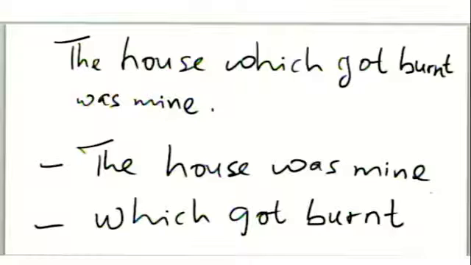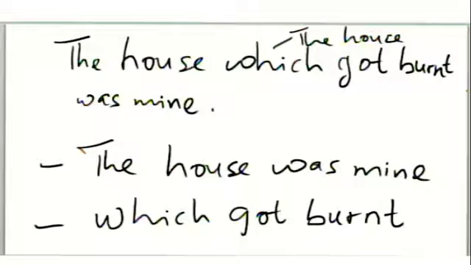So, this is our main clause. It makes a complete thought. Which got burnt is not a question, so the meaning is not complete. But it's a clause because which represents the house. So if you replace that, what do you have? The house got burnt. It has a subject and a predicate.